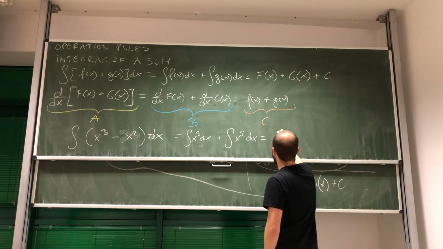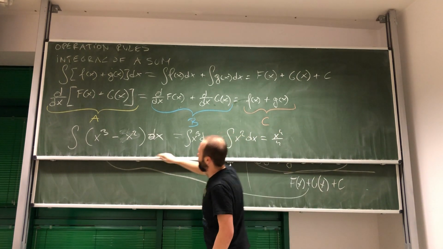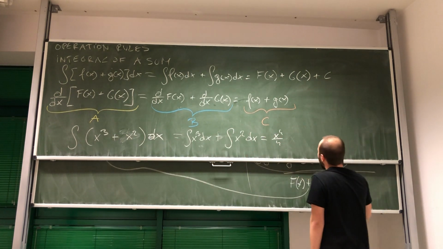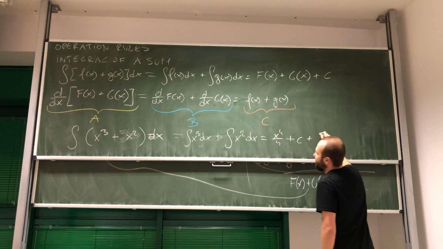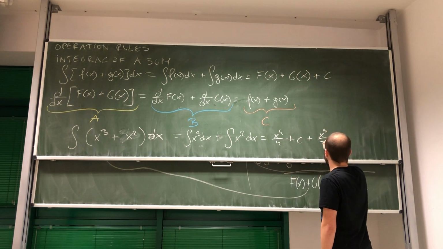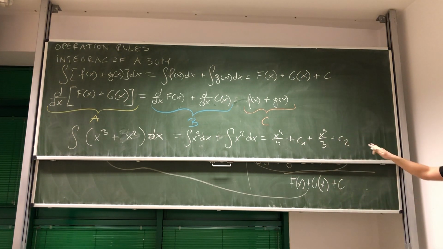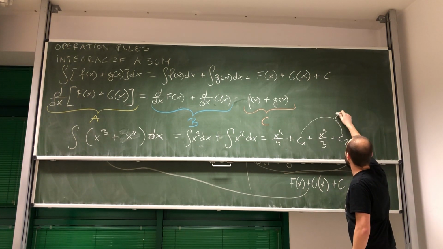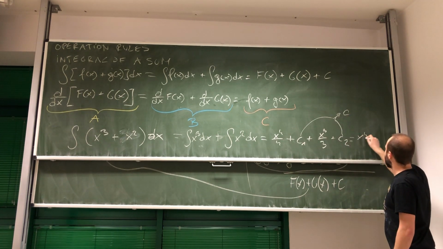Out of this, we're getting x to the power of 4 over 4, plus c1, plus x to the power of 3 over 3, plus c2. Sorry, it should be a plus, we haven't introduced the rule for minus. But of course, we don't know how much c1 is, we don't know how much c2 is, so we can sum them up and subsume them into one common c.